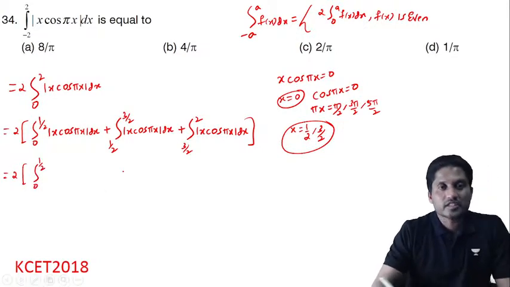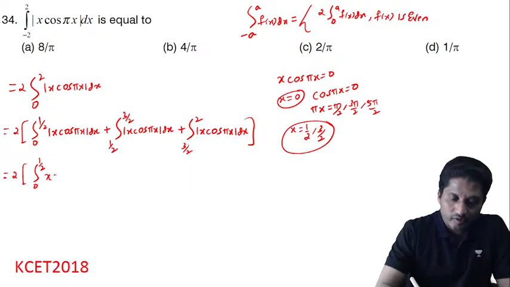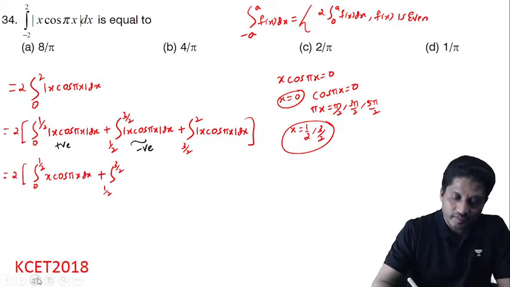Anyways, mod x is positive, cos pi x is positive between 0 and half, so mod x will become x into cos pi x, plus half to 3 by 2. Half to 3 by 2, x is positive, but this will be negative between half and 3 by 2.